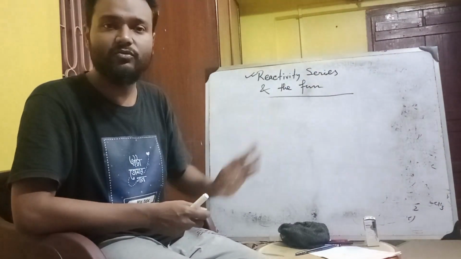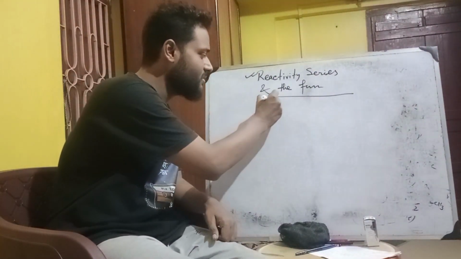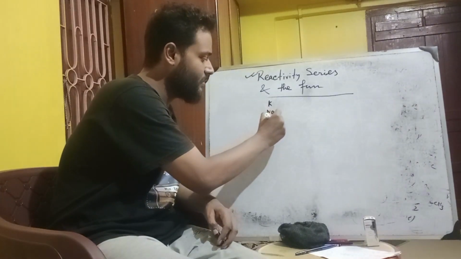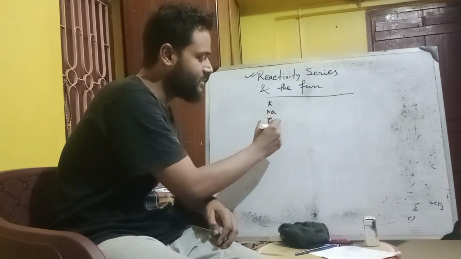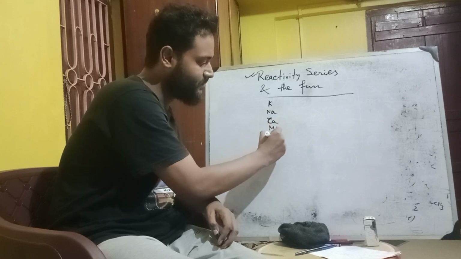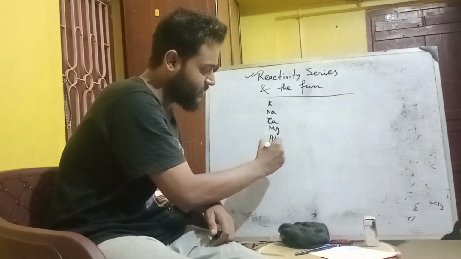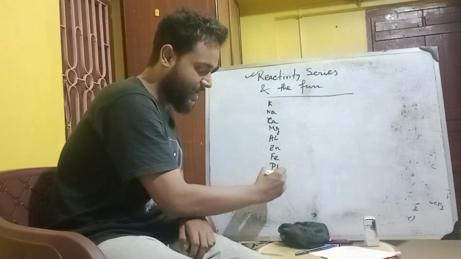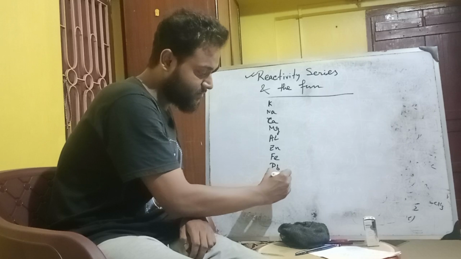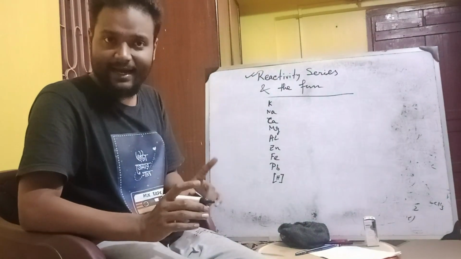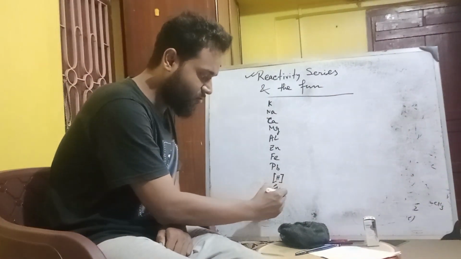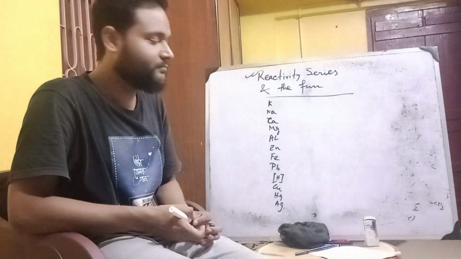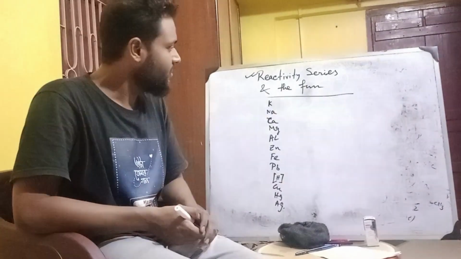The series is potassium, sodium, calcium, magnesium, aluminium, zinc, iron, lead, and then we can place the hydrogen, then copper, mercury and silver. So these are the things.